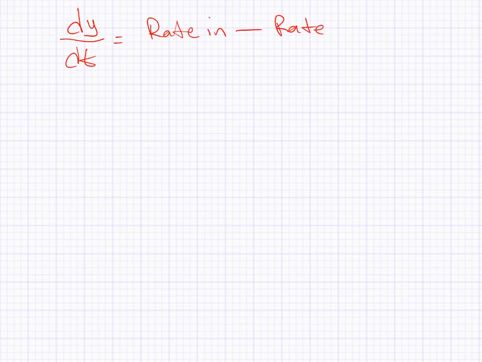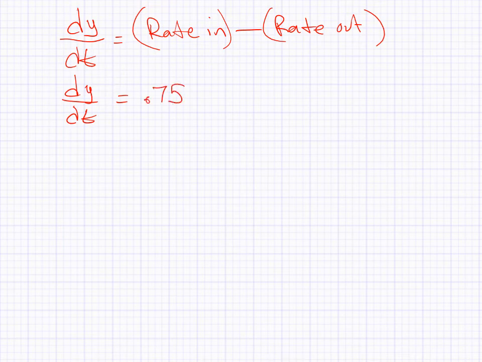So if the change in salt over time is equal to the rate in minus the rate out, then my differential equation should be dy dt equals 0.75 kilograms per minute minus y of t over 200 kilograms per minute.